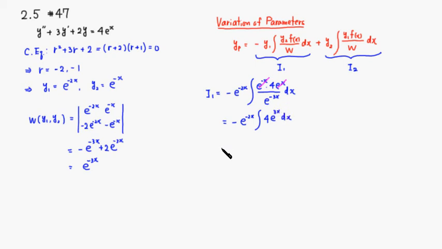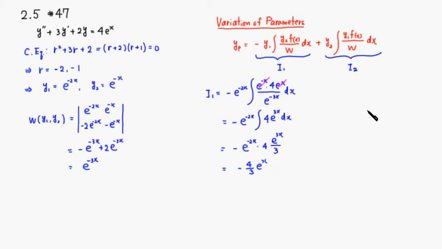This is equal to negative e to the -2x times the antiderivative, which is 4 times e to the 3x over 3, so it's -4/3. And e to the -2x times e to the 3x is e to the x.